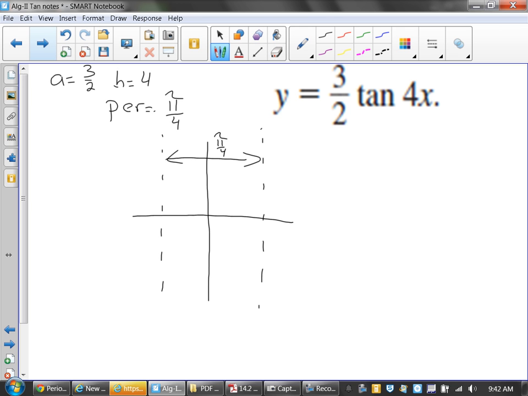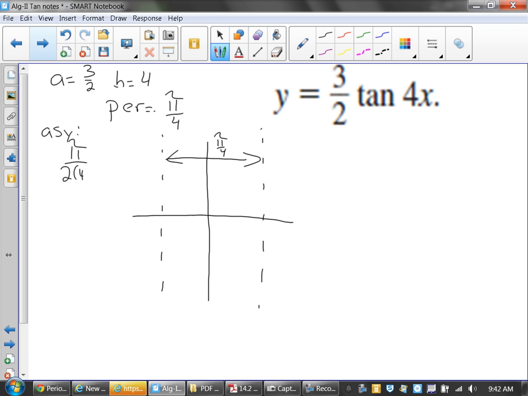Since I'm starting with this as the parent function, it's going to go through the origin. It's going to be symmetrical on both sides. So it's going to be equidistant from the origin to the asymptotes. So if pi over 4 is the total distance, 1/2 is pi over 8, the other half is pi over 8.